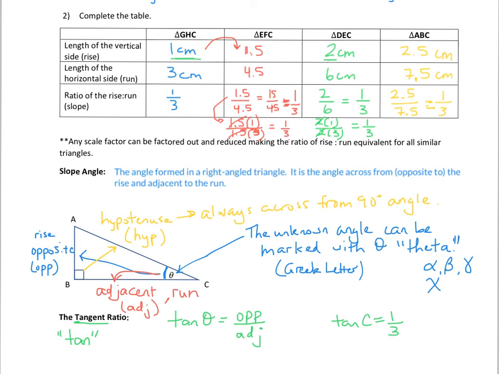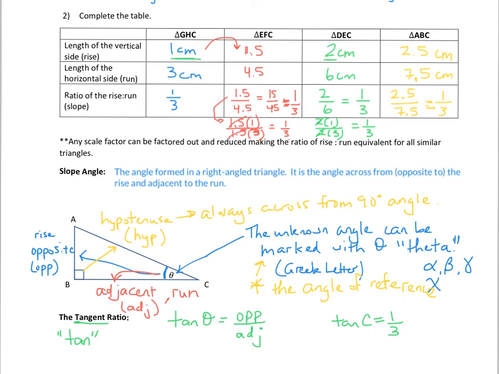Your side that's opposite is always opposite to your angle that you are either trying to find or that you know. It's called your angle of reference. So what I have marked here for my theta, this angle is the angle of reference. And your 90 degrees will never be your angle of reference.